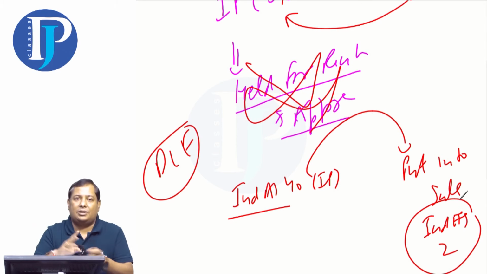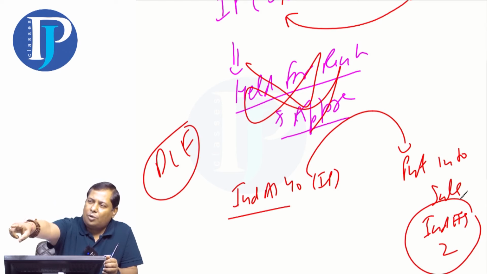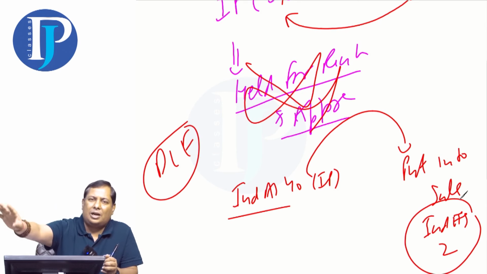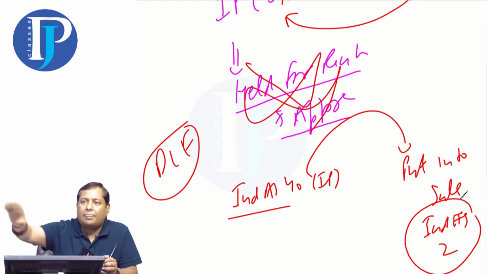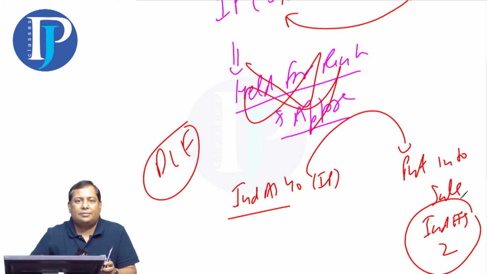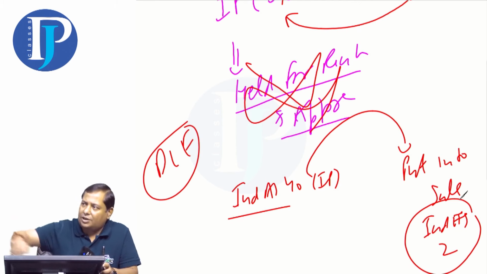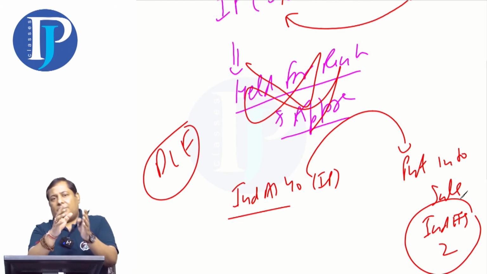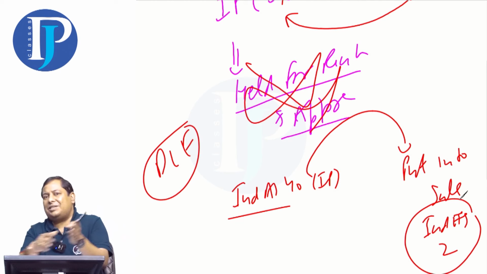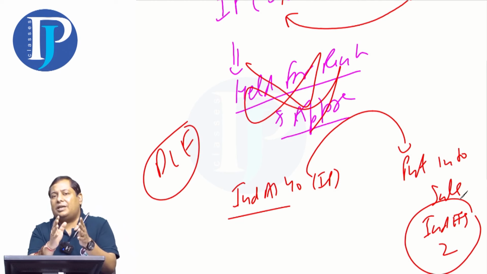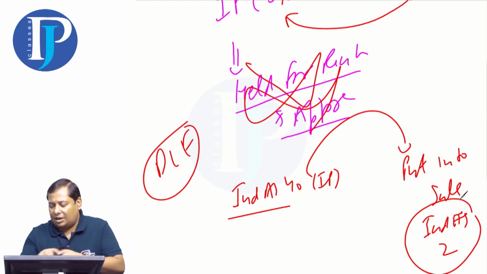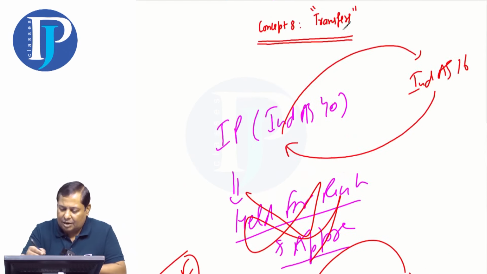It could be vice versa. Initially DLF thought to sell the mall but later decided not to. They will rent it, from 2 to 40. Vice versa cases can also be created. From 40 to 16, 16 to 40. From 40 to 2, then 2 to 40. So students, when we change the category of land and building based on the intention, we call it transfer. Okay. It is called transfer.